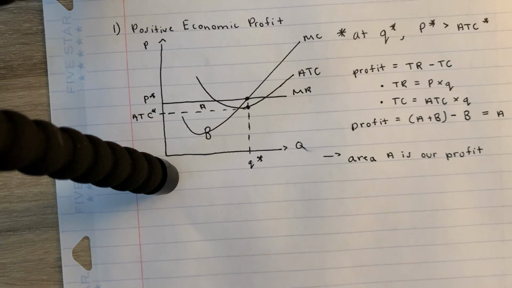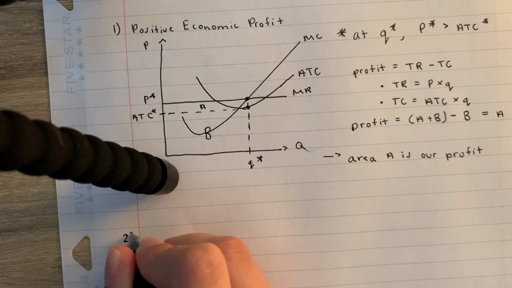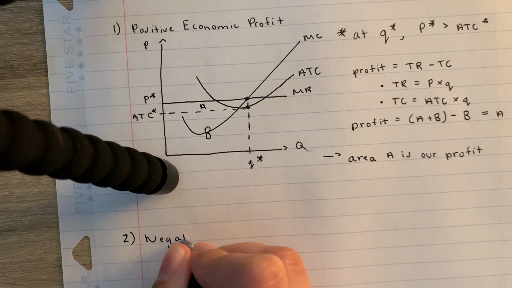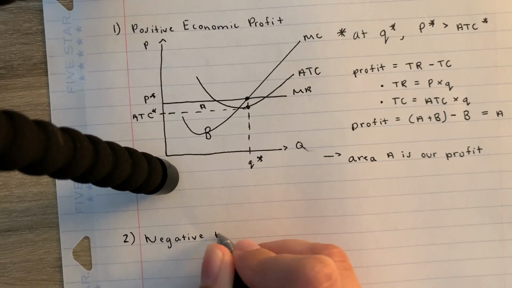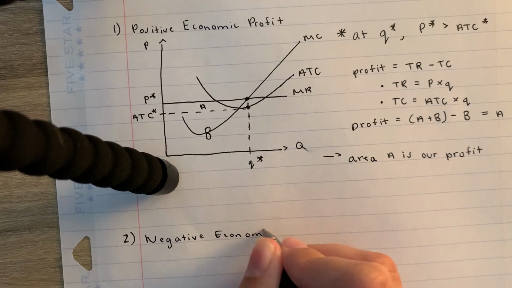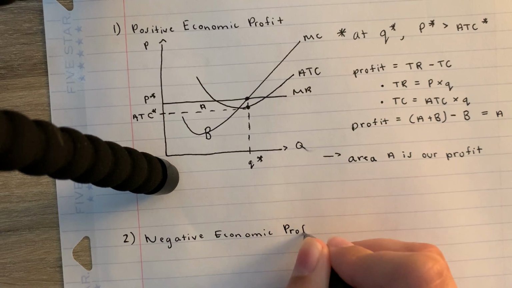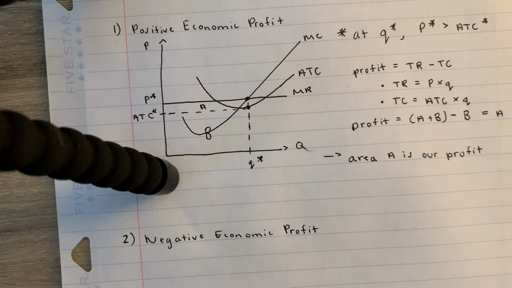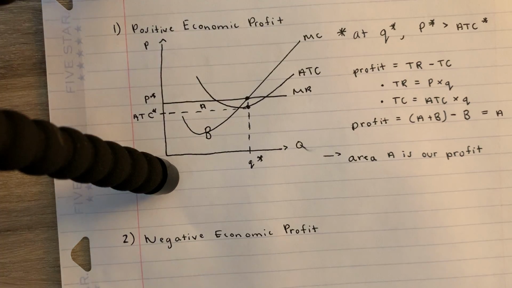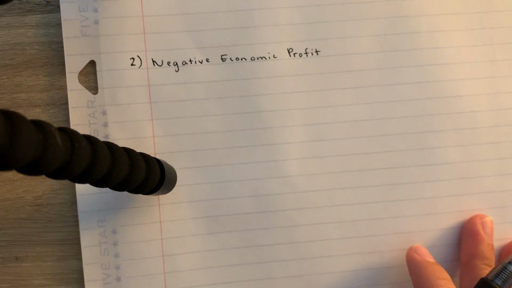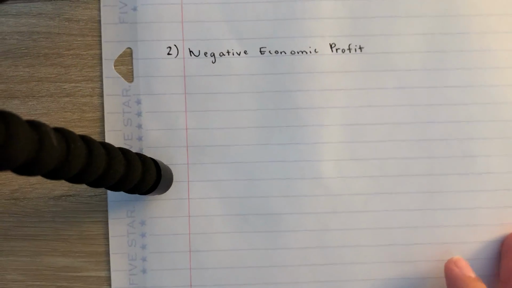So what about negative economic profit? Well, again, the important thing here is the location of the ATC curve. Is it above or below P star? So I'll move it down so you can see this.